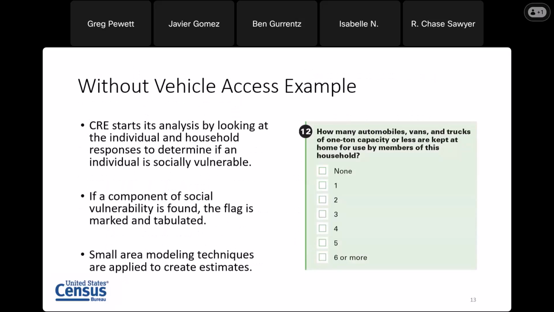Let's go over an example. The CRE starts its analysis by looking at the individual and household responses to determine if an individual is at social vulnerability. If a component of social vulnerability is found, the flag is marked and tabulated. Then, small area modeling techniques are applied to create estimates.